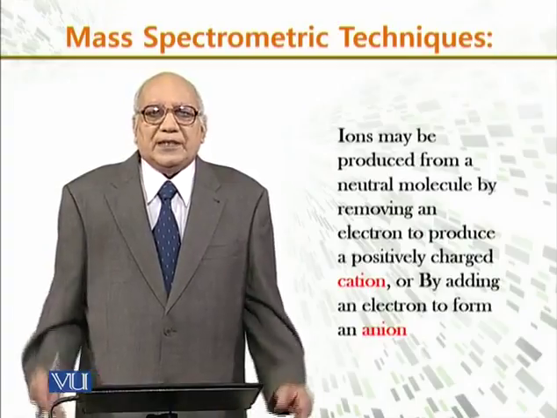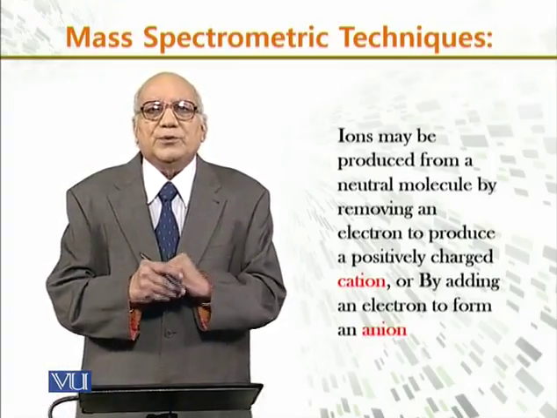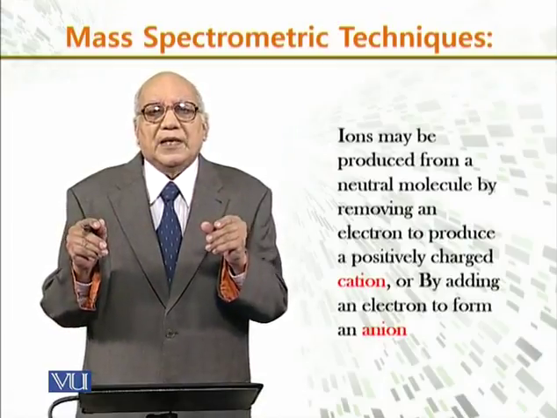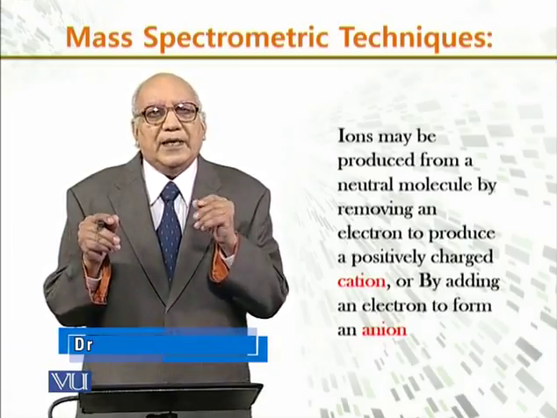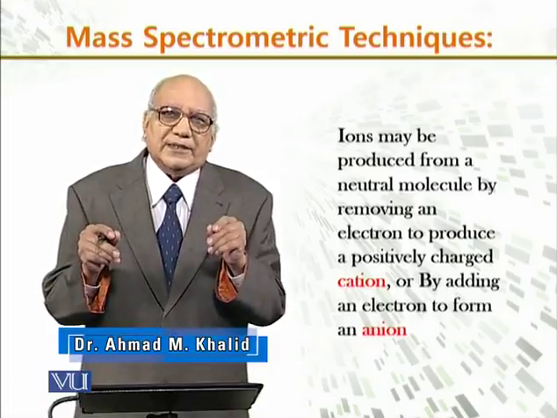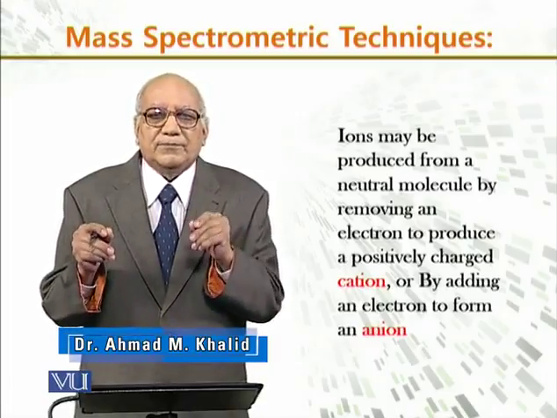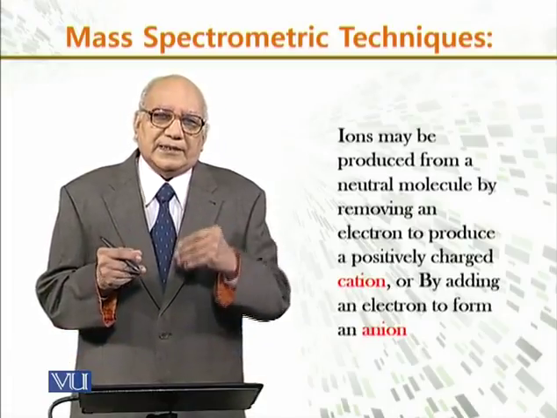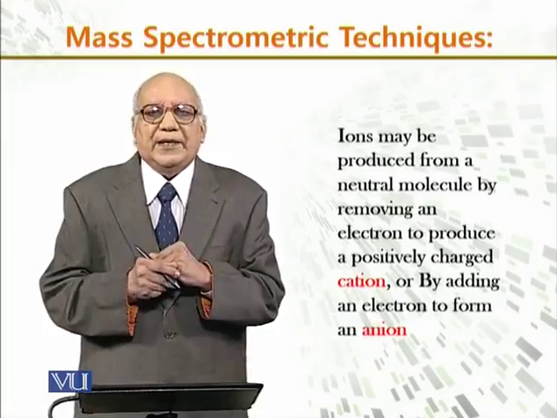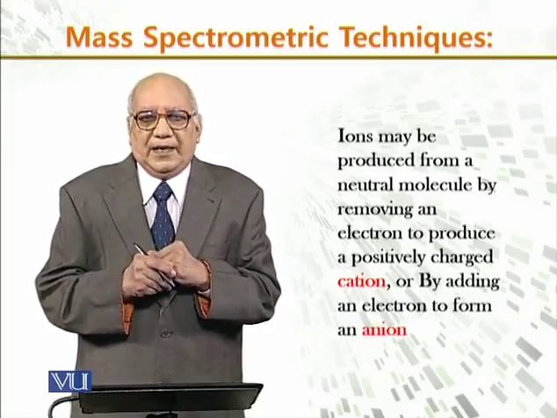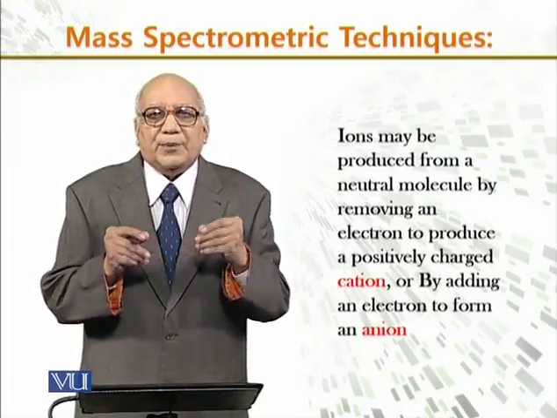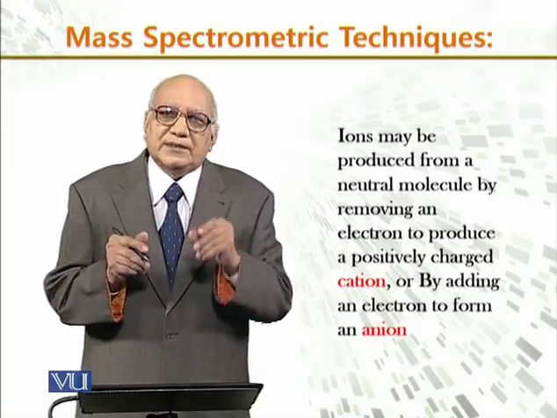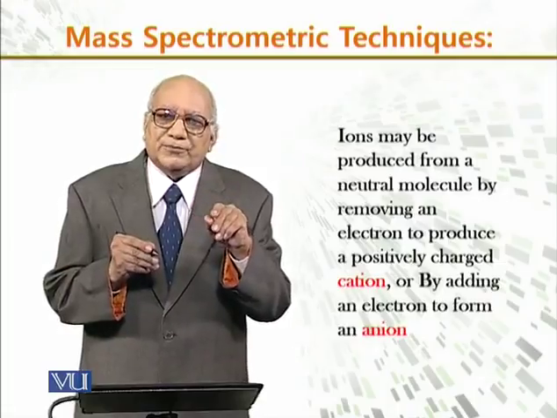The principle is that ions may be produced from a neutral molecule by removing an electron. When an electron is removed from a neutral molecule, what happens? It is converted into an ion. And it produces a positively charged cation because the electron has been removed from it.